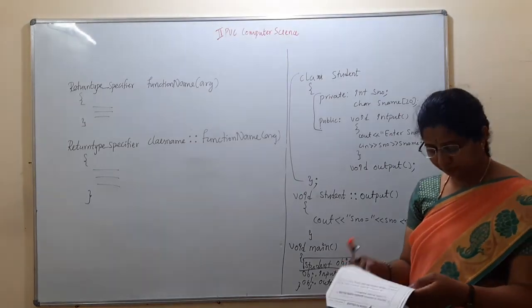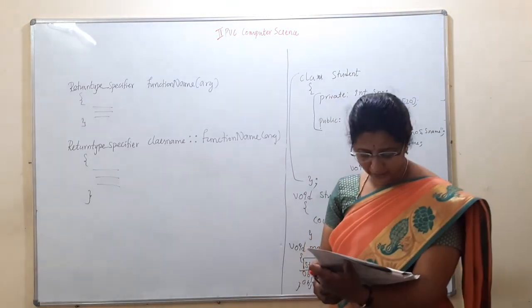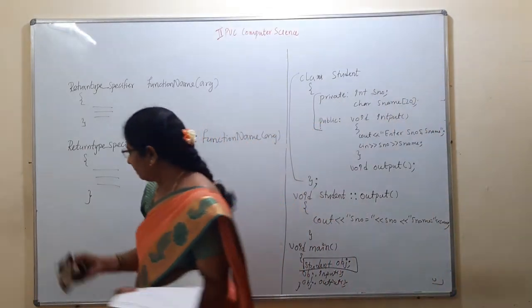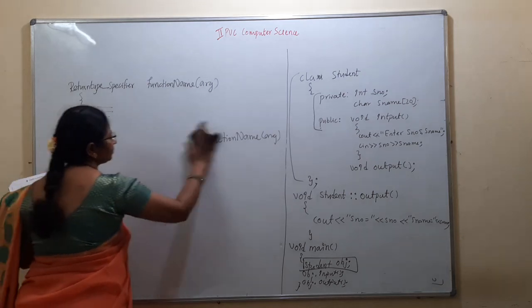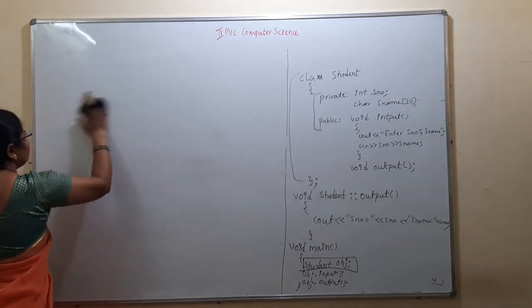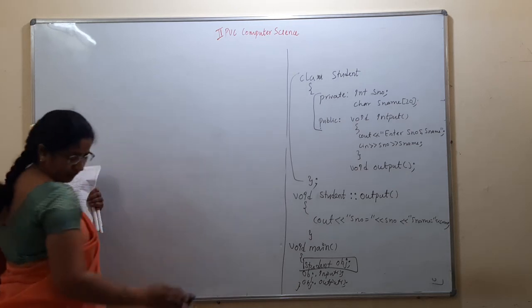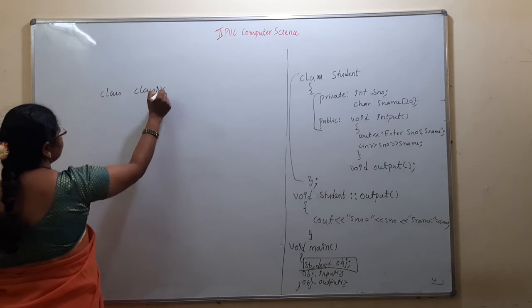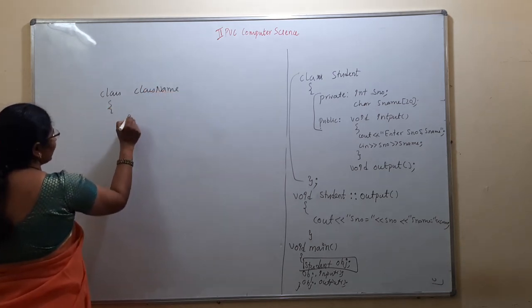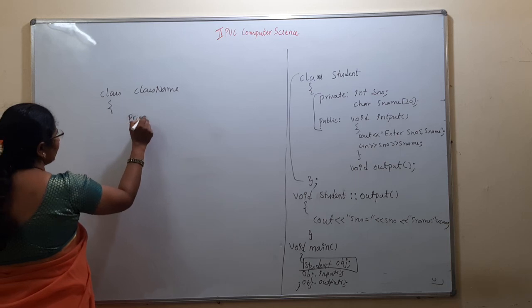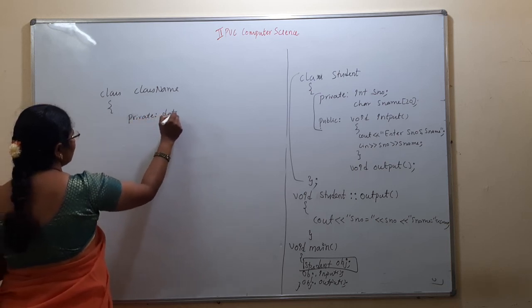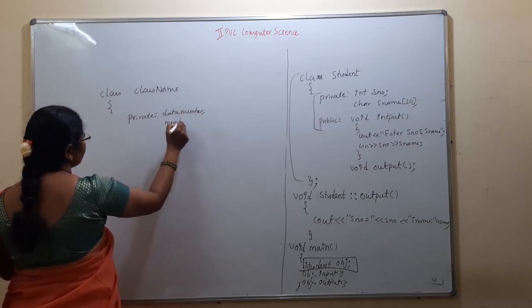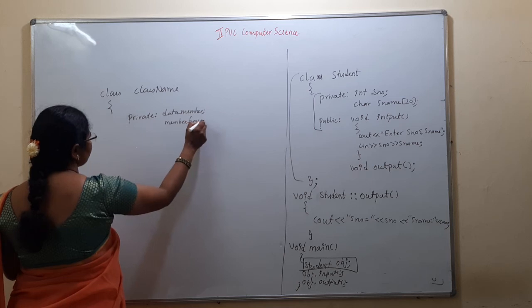And the next question is how to declare and define the class. Explain with the syntax and example. See here, many students wrote class but not object. Why? Here class name, access specifier is private, data members, member functions.